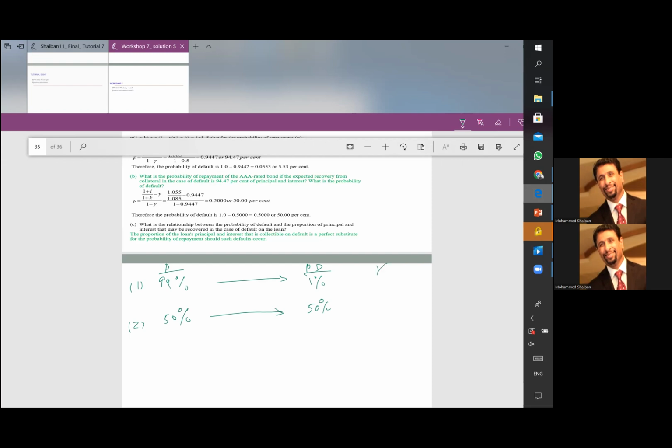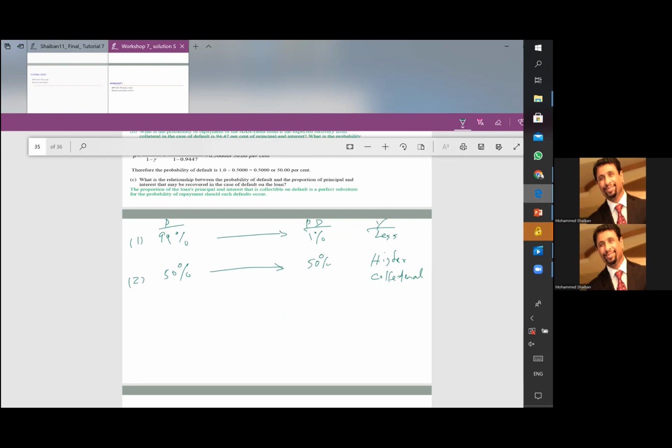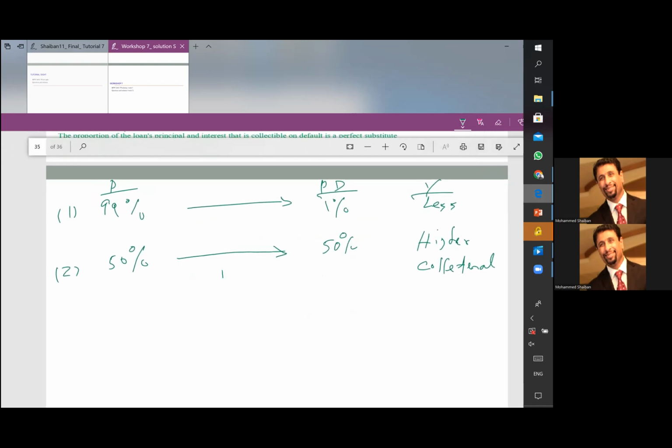So when it comes to collateral, this one will need less collateral. I know this guy, he has been dealing with me and I know his experience. And this one, I want higher collateral to protect myself. Collateral means security. He can put up an asset or machines, whatever it is for a company. Therefore, the relationship between the probability of payment and the collateral is negative.